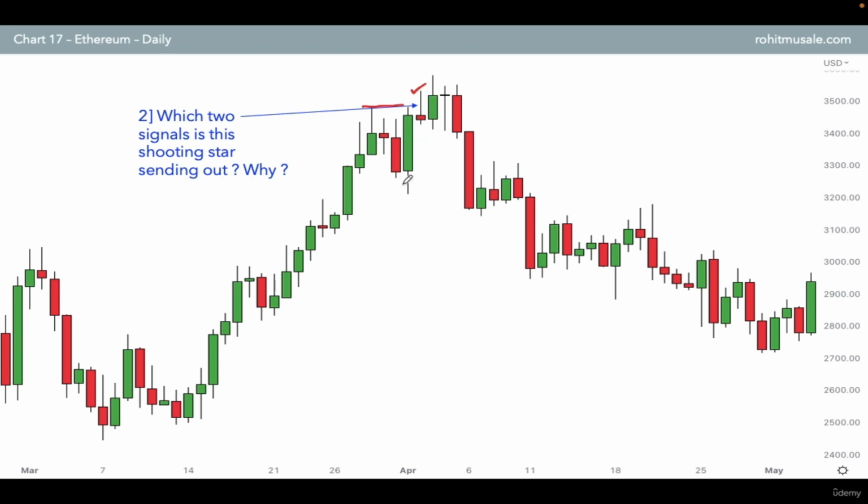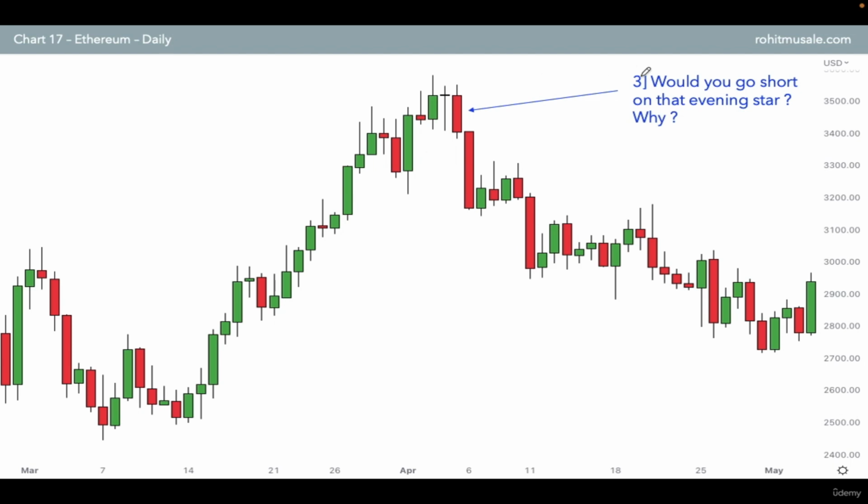Second signal is, if you look at these two candles, that's the last engulfing top, right? And the shooting star close is confirming the bearish implication of the last engulfing top. So those are the two signals. One is a clear sell signal which is given normally by shooting star. And the second signal is the confirmation of the bearish implication of the last engulfing top.